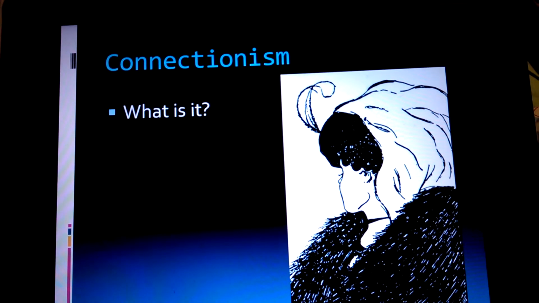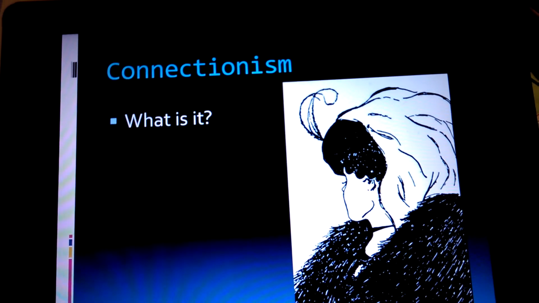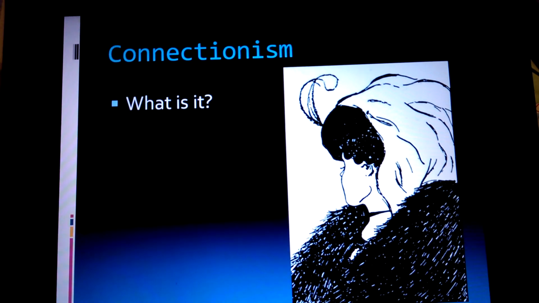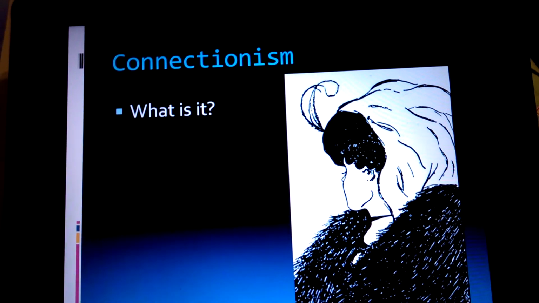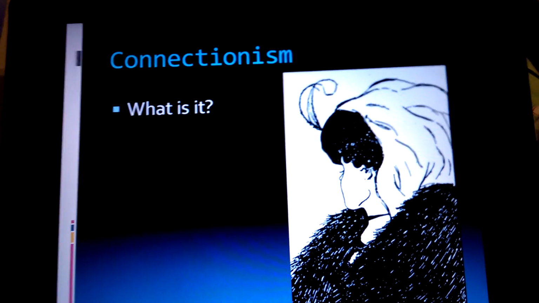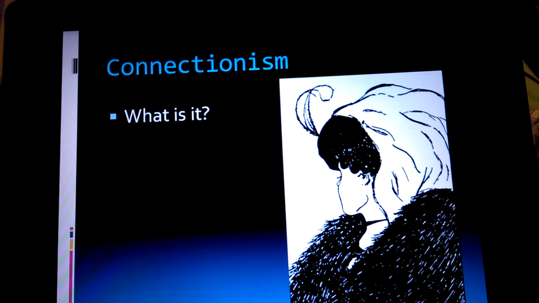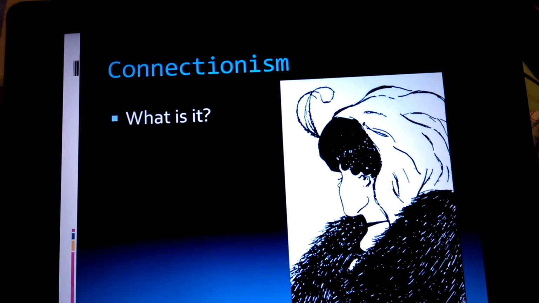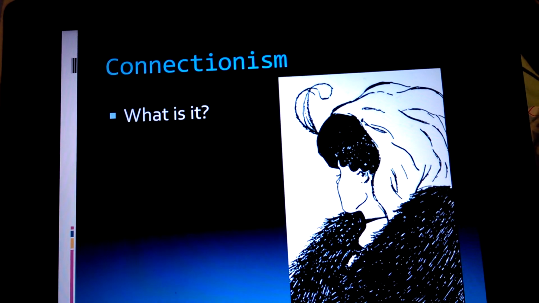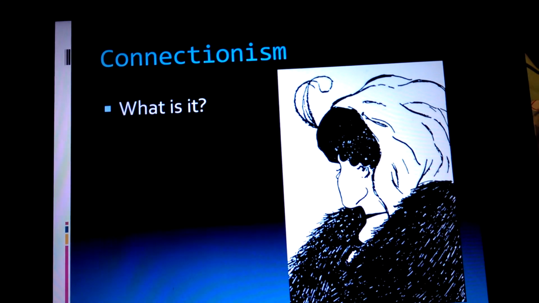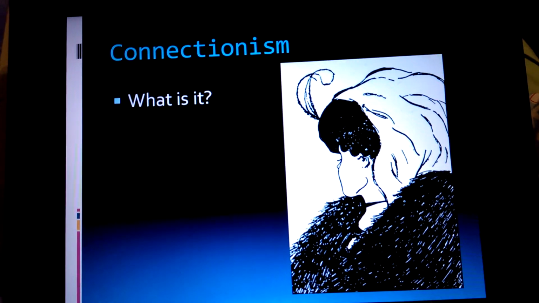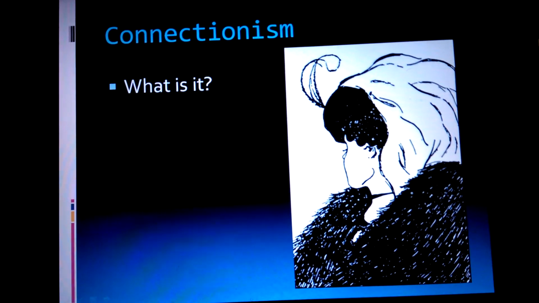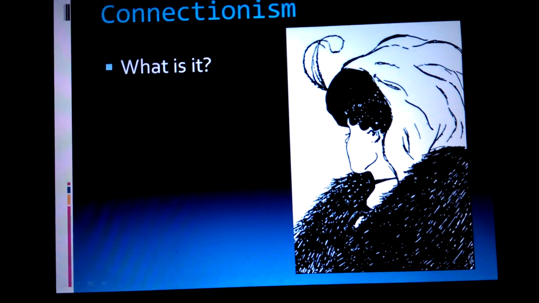This view also holds that representations aren't centralized in specific nodes. Rather, a representation exists in a pattern of activation of an entire network of neurons. Connectionists describe cognition in terms of networks of simple neuron-like units in which processing means passing activations from one unit to another. And the picture on the right is just an ambiguous figure.